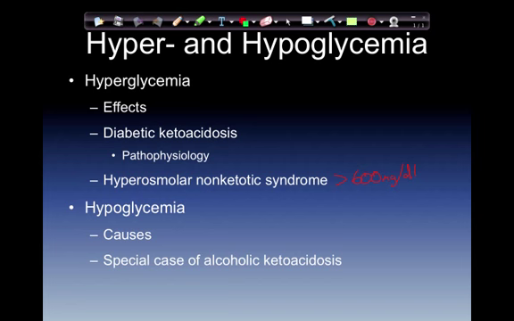They don't typically become acidic, and they may not produce ketones at all. Thought to be a result of pancreatic failure coupled with renal insufficiency. And this is table 13.3, and we'll look at it right after the next slide, DKA versus HONKS.